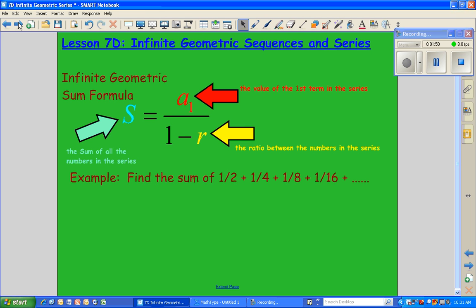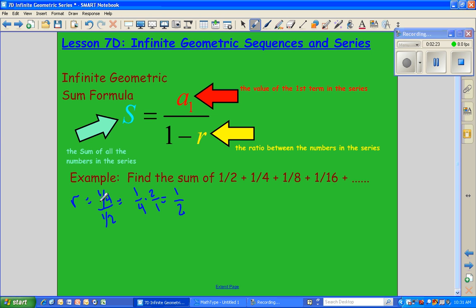It asks us to find the sum of the series 1/2 plus 1/4 plus 1/8 plus 1/16. So before we even write down the formula, you need to check what that R value is. We know R is 1/4 over 1/2, which is 1/4 times 2 over 1, which simplifies to 1/2.